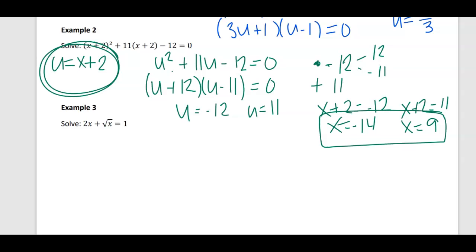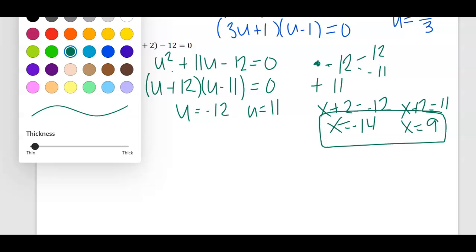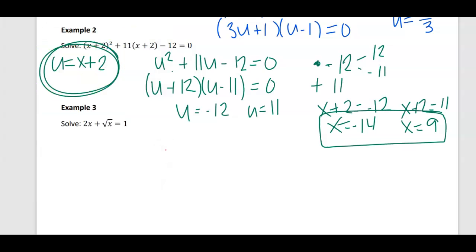All right, last problem that we're going to be looking at. This one has a square root. We really haven't talked about solving square roots yet. So this one's really fun to be looking at. But again, notice that x to the power of 1, and then we could rewrite this radical as x to the power of 1/2. 1 is double 1/2.